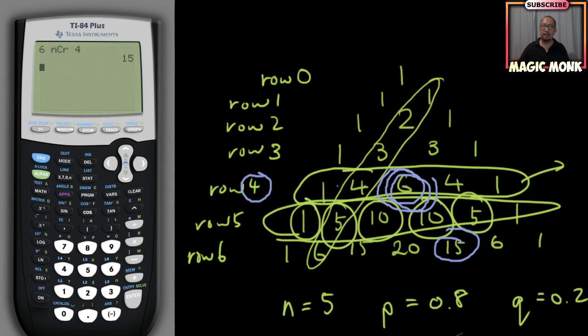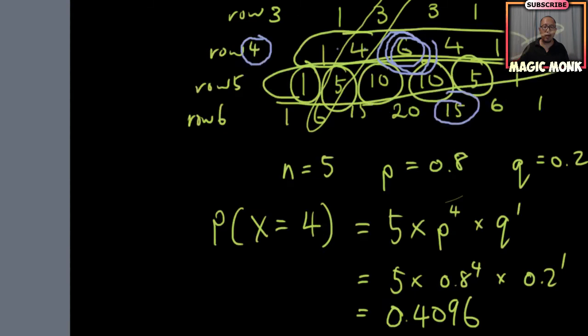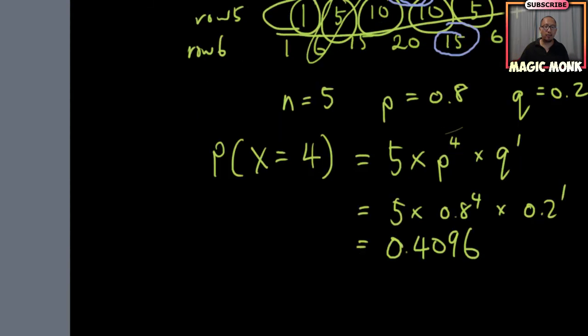You have the number 15. So using the calculator, we found a super quick way to get the number we want on our Pascal's triangle.